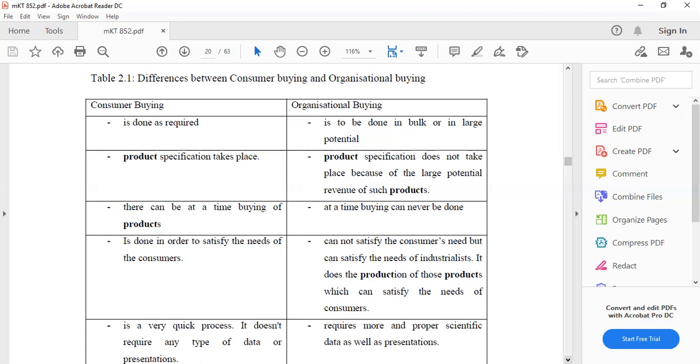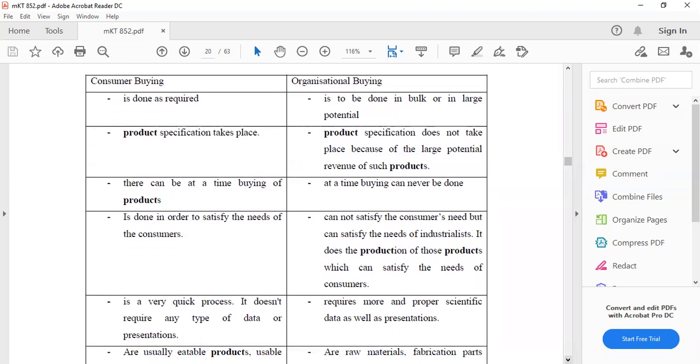Then the processes involved in executing purchases are very quick under consumer buying. It might not require any data or presentation. But in organizational buying, it requires more time, proper scientific data, as well as a presentation.